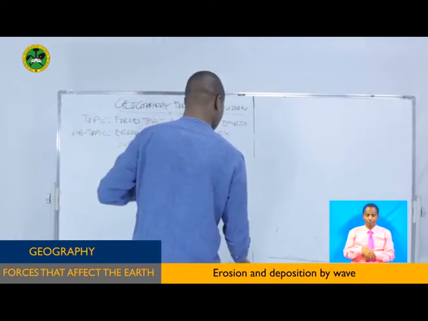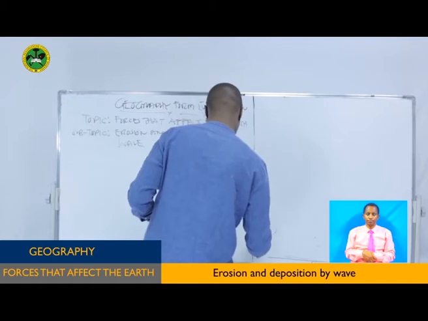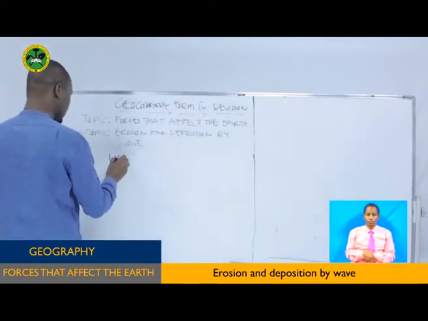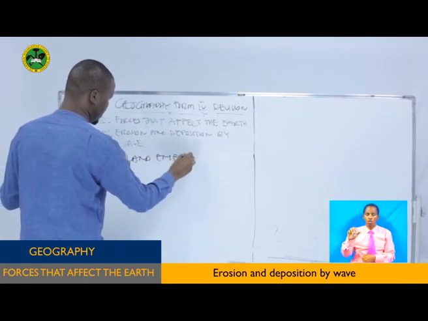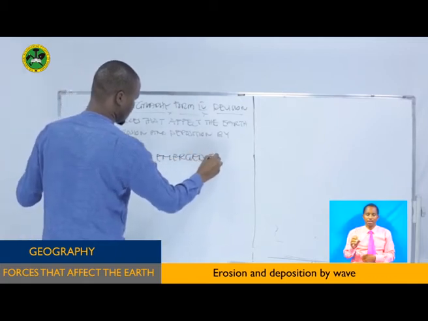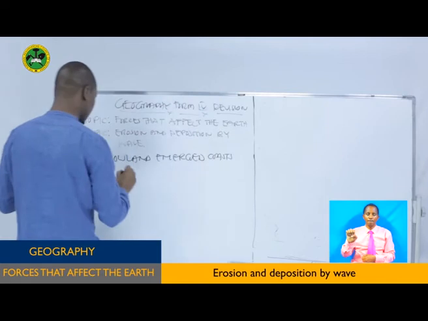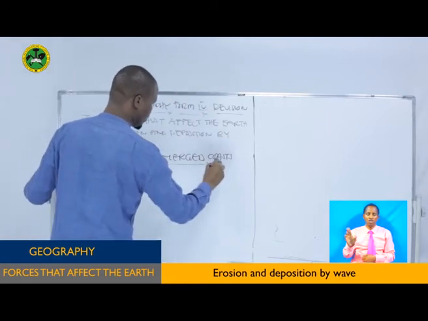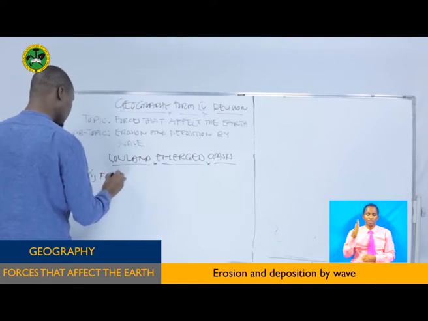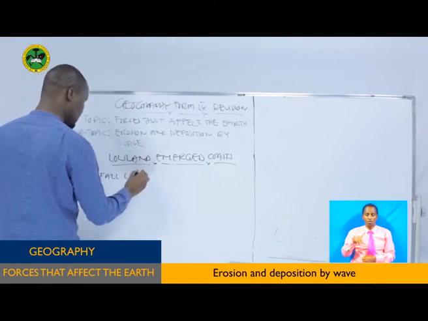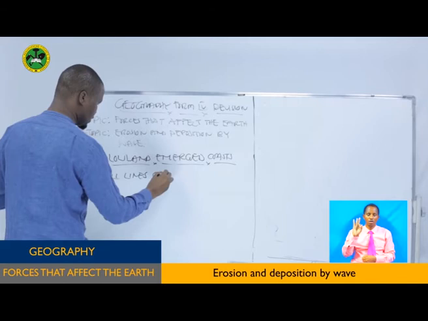Let's see the lowland image coast. It means we have the lowland image coast, we have what we call the fall line coast. The fall line coast. What are these?